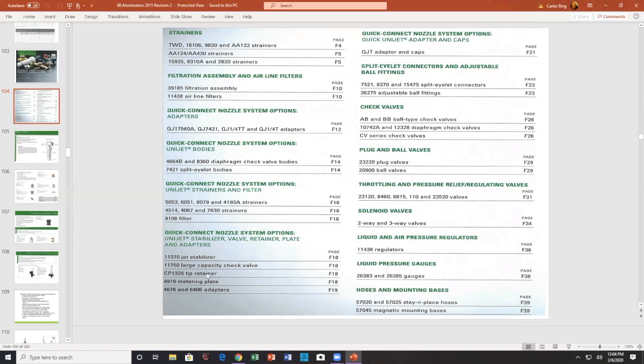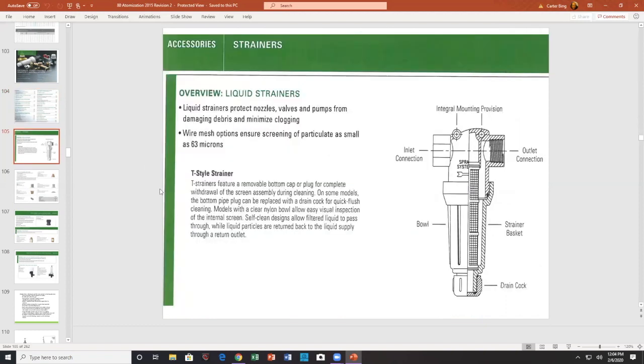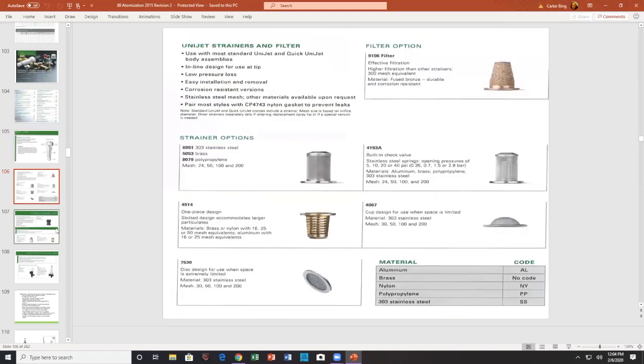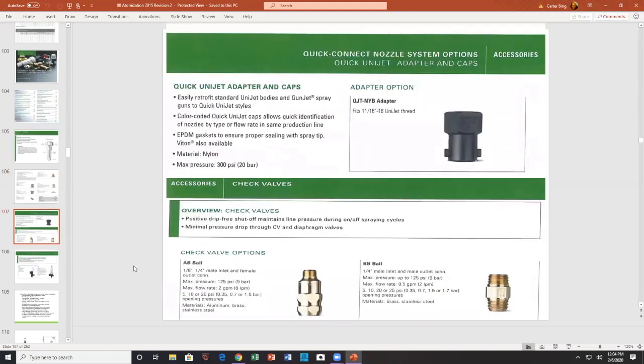Quick connect, right? Options: liquid pressure gauges, solenoid valves, ball valves, check valves. Check valves are useful because you don't want the flow to back up into your other line, right? Liquid strainers, right? Quick connect.